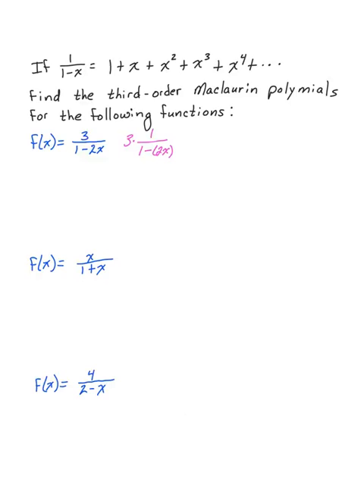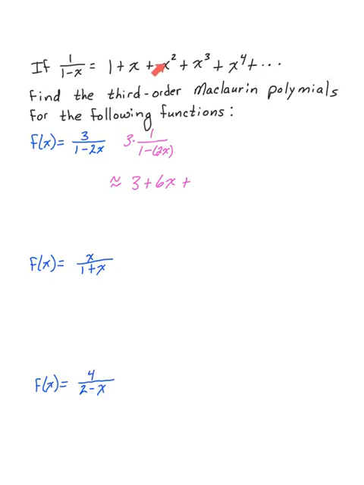If we replace this first term, well, there's no x to replace, but there is a 1 that we can multiply by this constant, 3. All right, so what that's going to give us then is 3 plus, all right, so now we're going to replace this x with 2x, and then we have to multiply by 3, which will give us 6x.